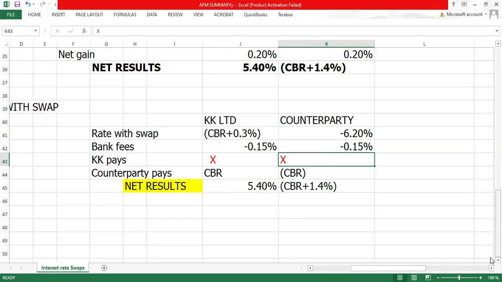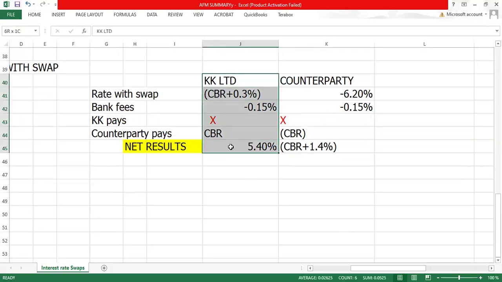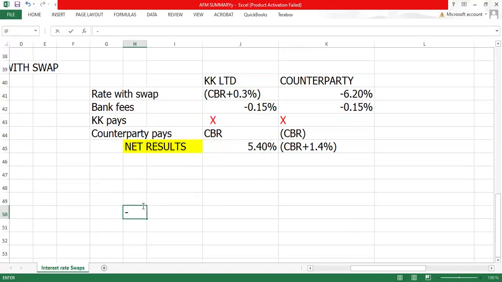Okay, so let's get the x. I can use this side. How can you get x? Here it will be negative CBR, because I'm using the Excel. When I start with negative, it becomes hard for me.